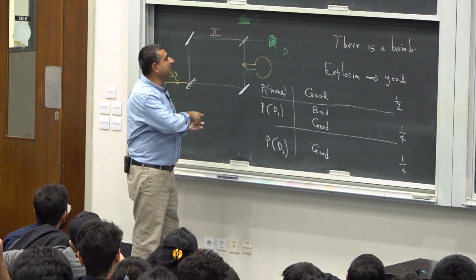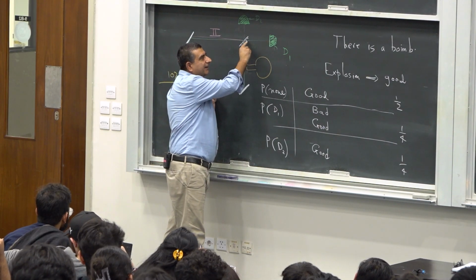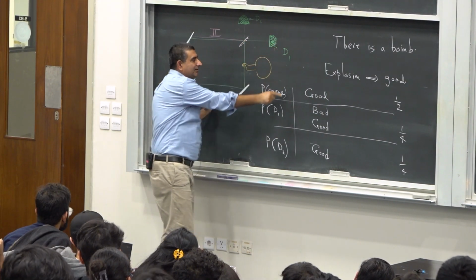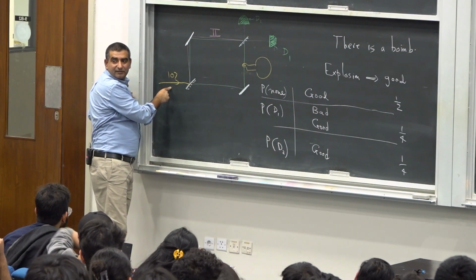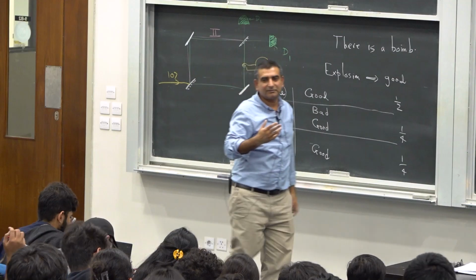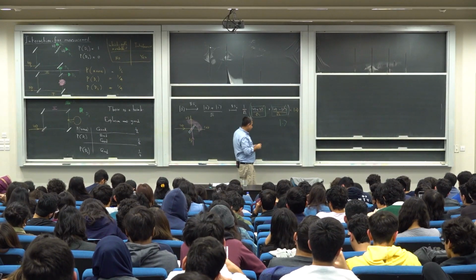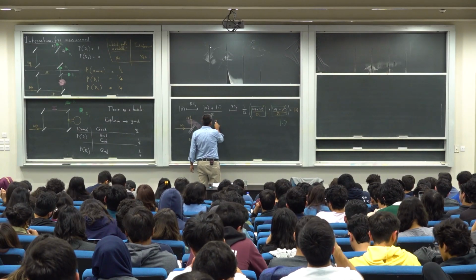But it's also possible to connect this output channel back to the input again. Let's try to recycle the photons. It's a slightly more advanced version of an interaction-free measurement.